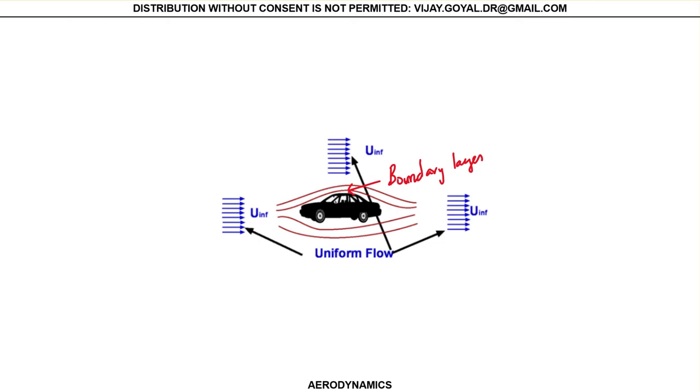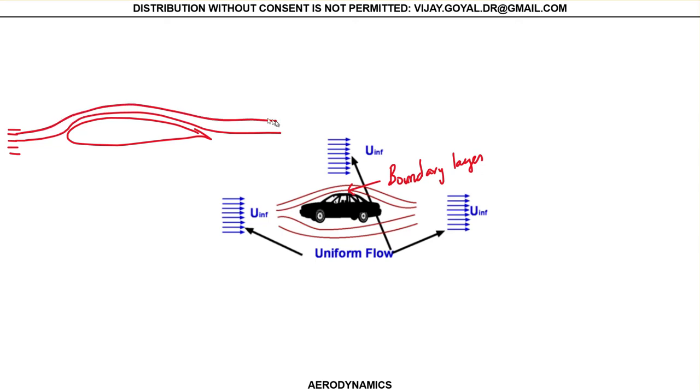Okay? So in the case of an airfoil, as an example, let me draw the airfoil over here. In the case of the airfoil, you can assume that you're coming at a uniform speed, but then when you're coming here, it's not so much uniform, and the streamlines are going to look something like this, and you keep moving on, and then it looks something like this as you move along.